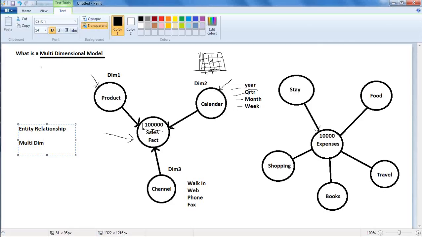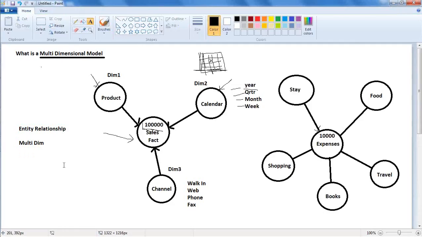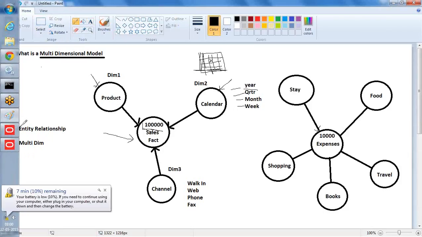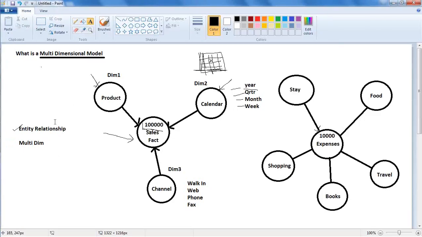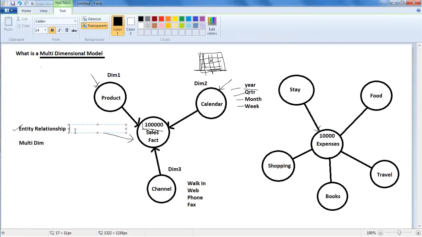My entity relationship model, which is nothing but a two-dimensional model, will have loads of tables, which in other words we can also call a normalized model. So what is normalization?